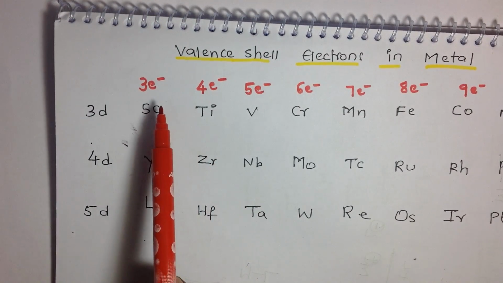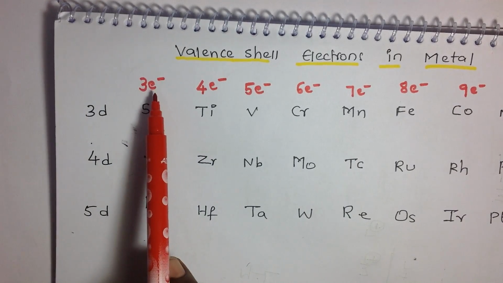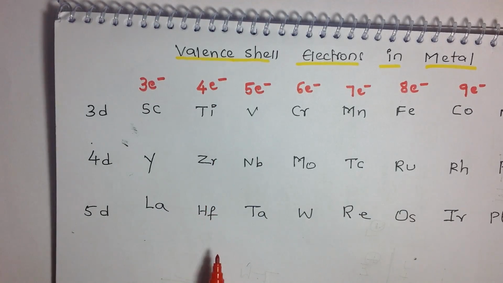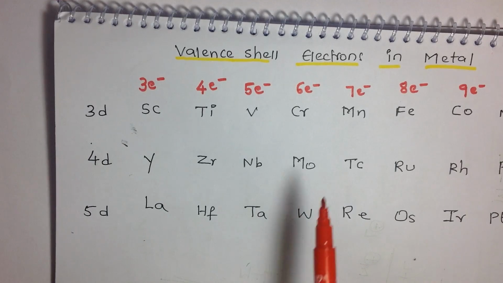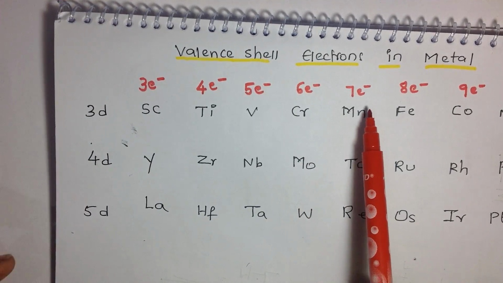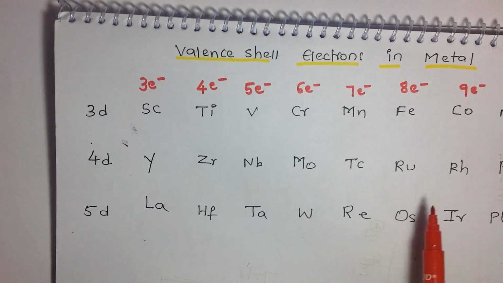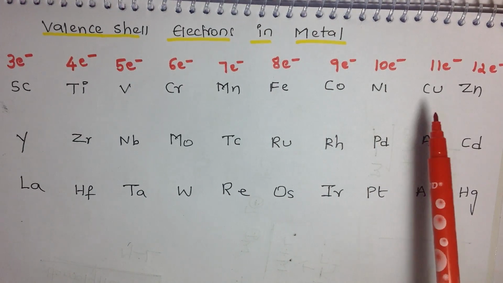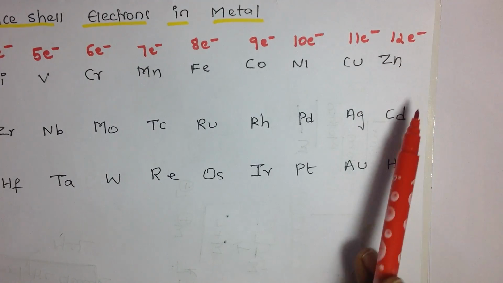This is the division according to which metals have 3 electrons in the valence shell, 4 electrons, 5 electrons, 6 electrons, then 7 electrons, 8 electrons, and then 9 electrons, 10 electrons, 11 electrons and 12 electrons.